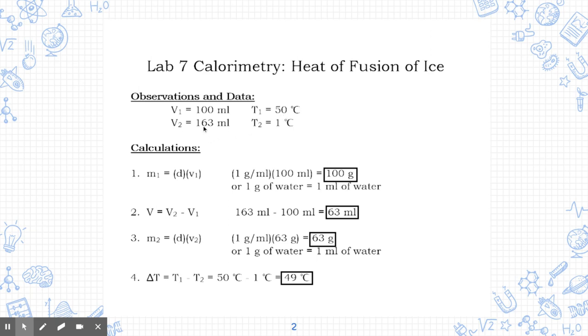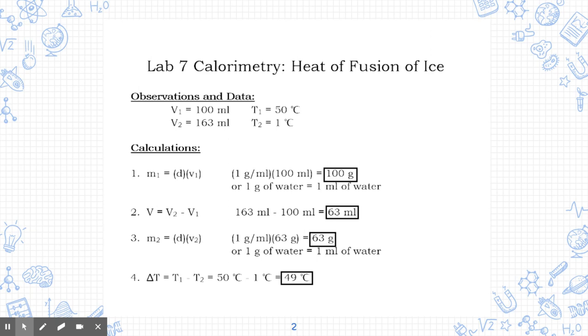Everybody's volume 2 is going to be different. Volume 2 was really important, that whenever you measured out that volume, you did two different measurements and added them together, because we were working with a 100 milliliter cylinder. That difference between volume 1 and volume 2 is going to be used in our calculations. And if your volume is higher or lower, then that's going to cause some percent error.